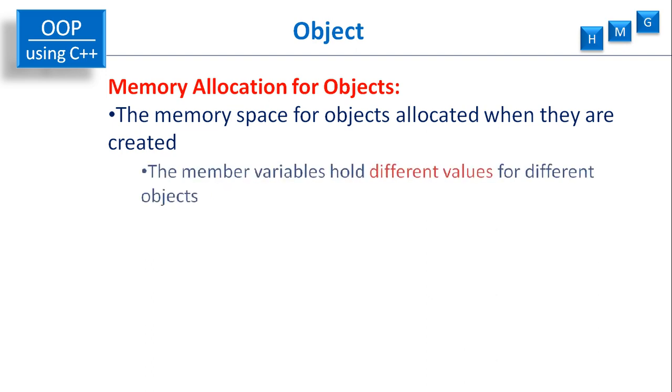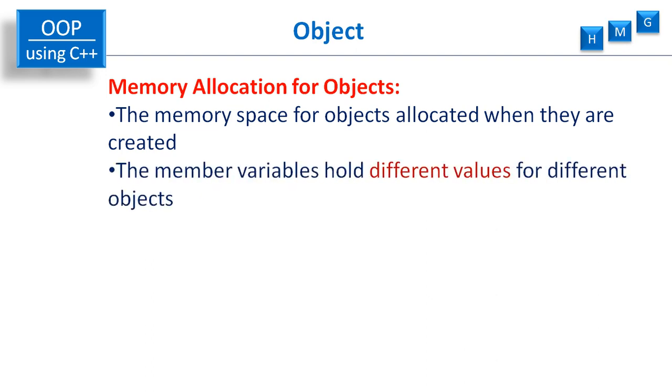The member variables hold different values for different objects. In the class we have declared various member variables, which are called data members. Every variable is holding a different value, and for that the memory space is required.